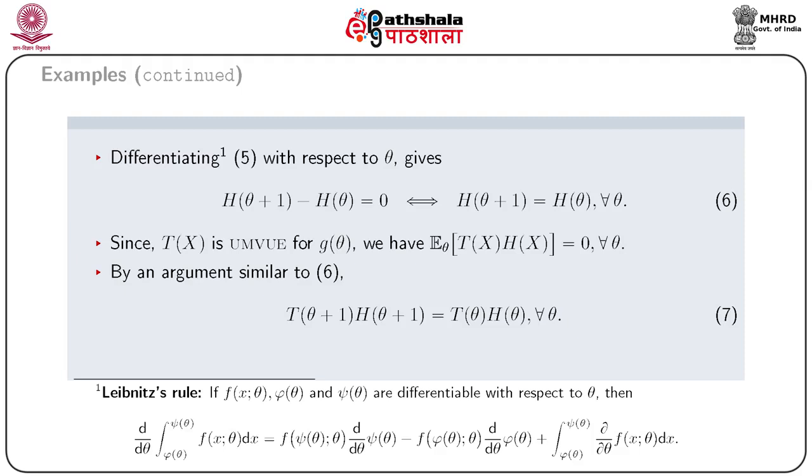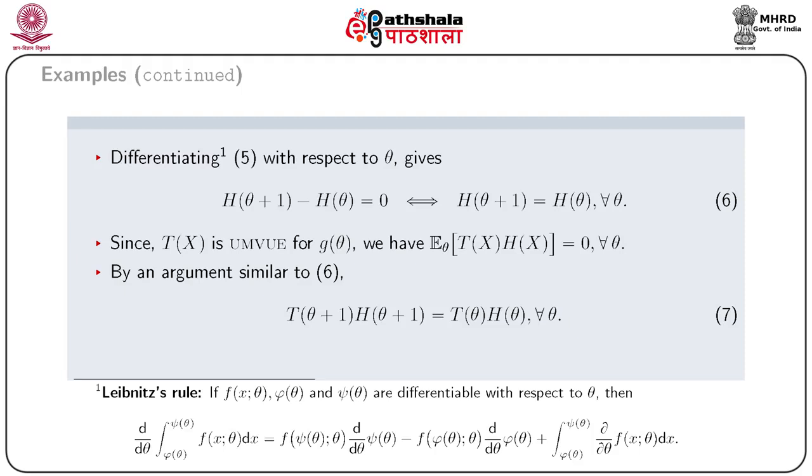Let T(x) be a UMVUE of g(theta). Then T(x) is uncorrelated with h. Therefore, expectation of h into T is equal to 0 for all theta.